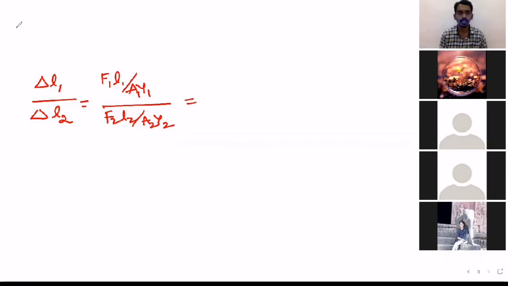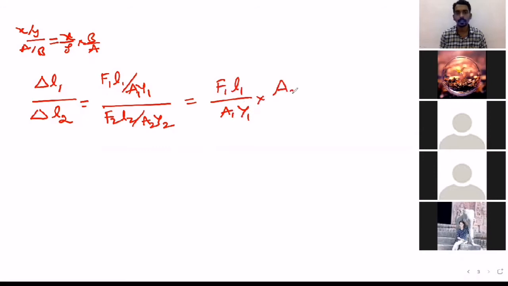Just like this is X by Y by A by B, then it will become X by Y times B by A. Same way here, F1 L1 by A1 Y1, A2 Y2 will go up by F2 L2. So this is how the ratio will become.